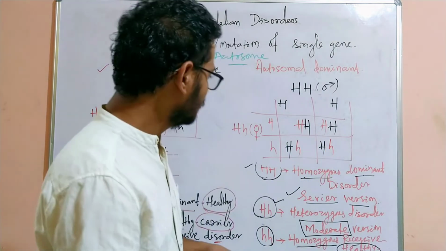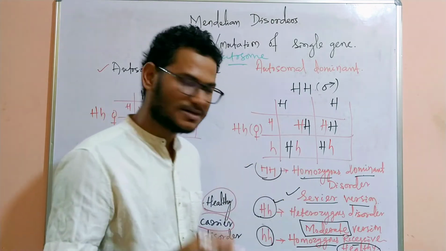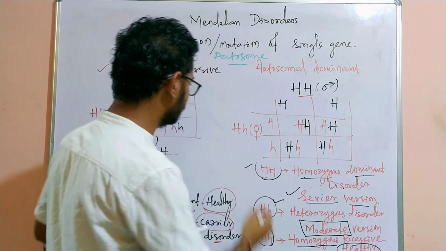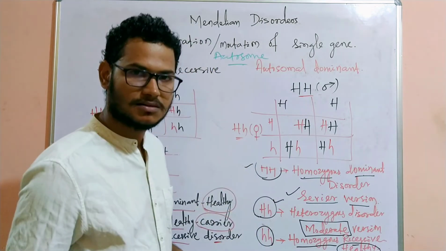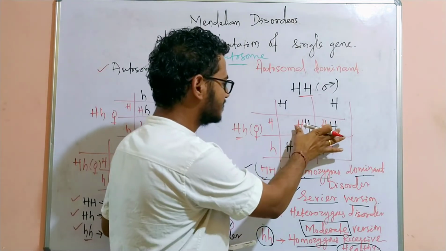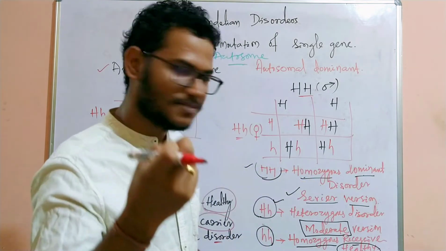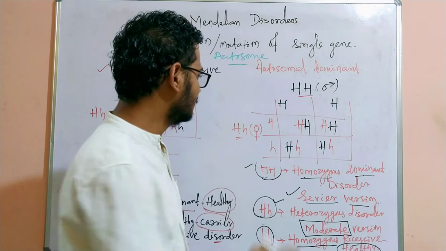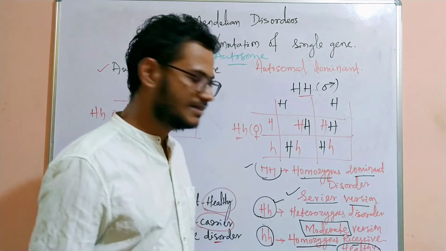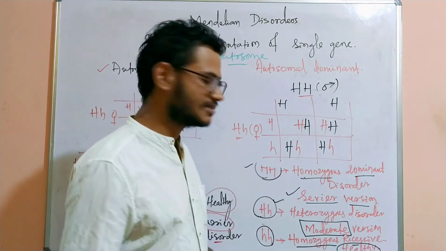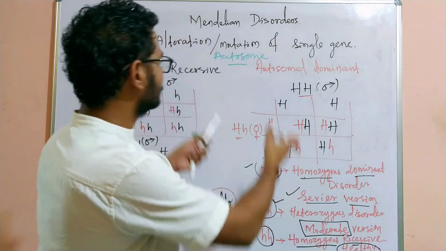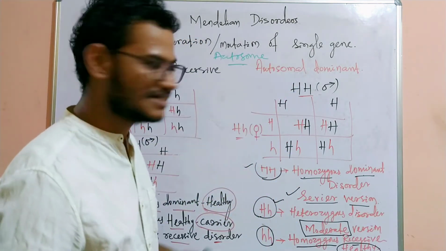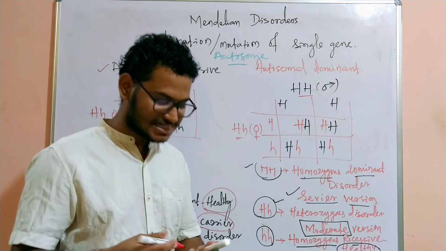So from this we can conclude that by the cross between the severe condition father and carrier mother, we will find severe condition, means individuals having the homozygous dominant disorder, and heterozygous disorder or moderate version of the disorder. So this is the difference between the autosomal dominant disorders and autosomal recessive disorders.